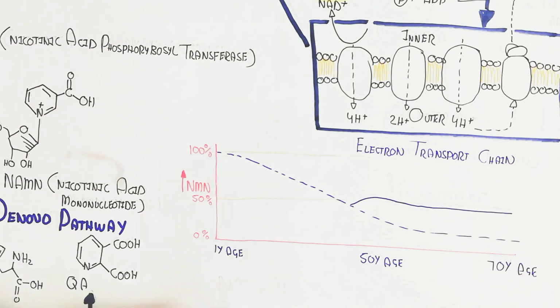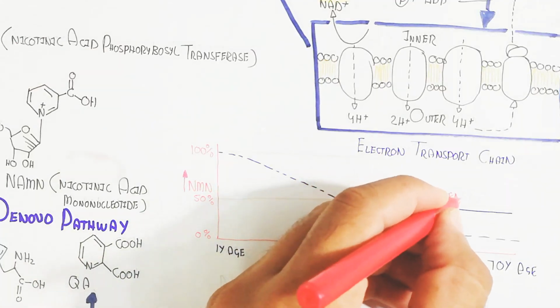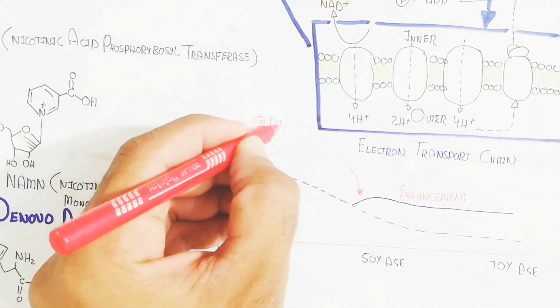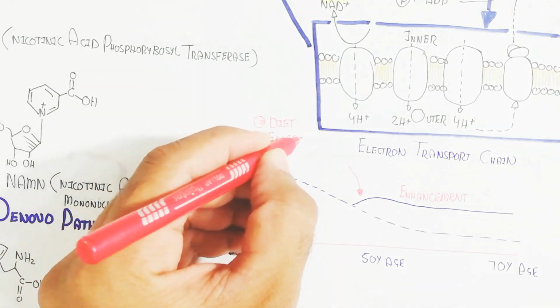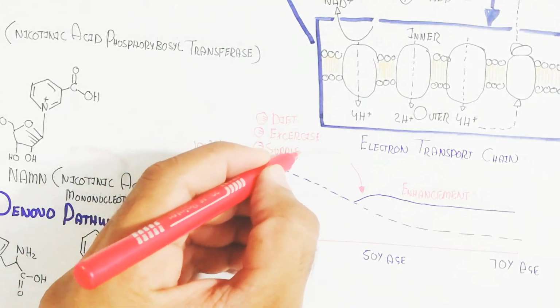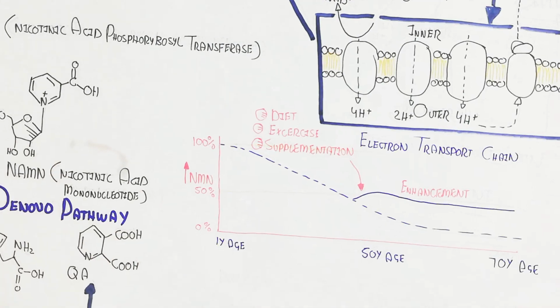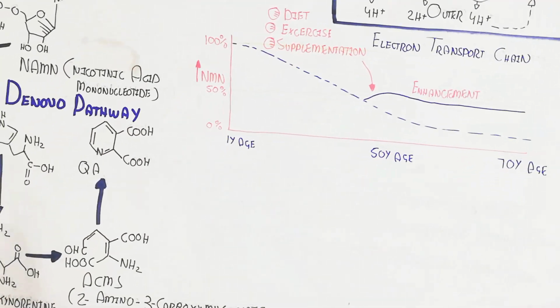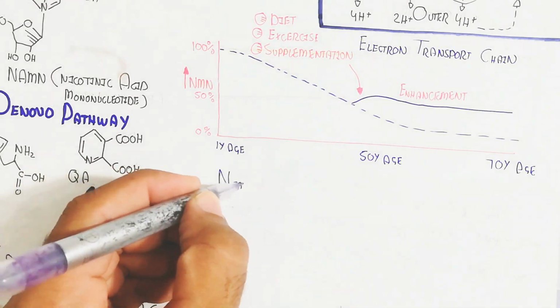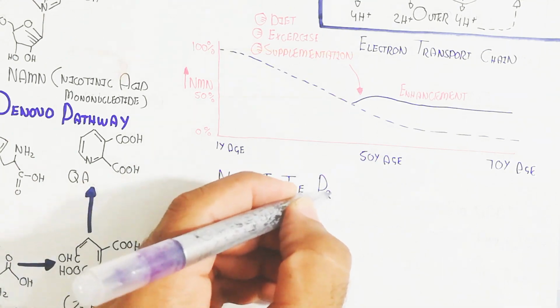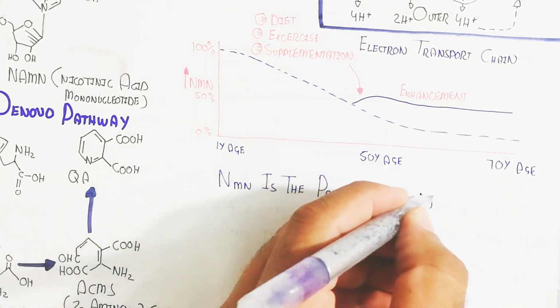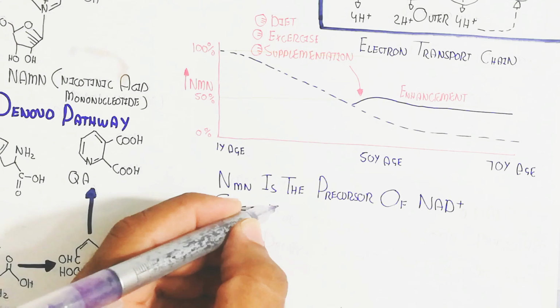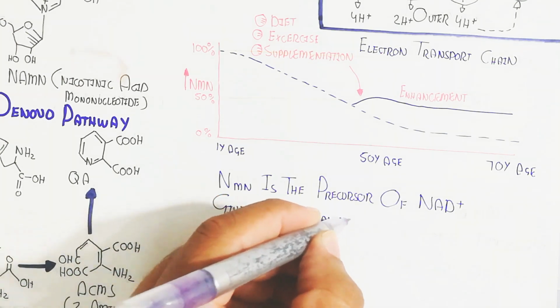Here the vertical axis shows the NMN concentration and the horizontal axis shows the age of the person. Diet, exercise and supplementation can enhance NMN formation, while the decrease of NMN with the passage of time and age will ultimately lead to natural death. NMN is the precursor of NAD plus.